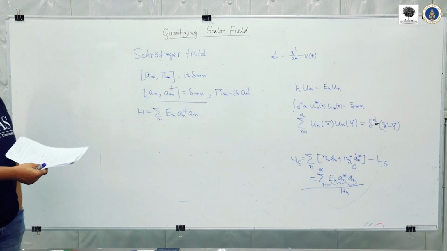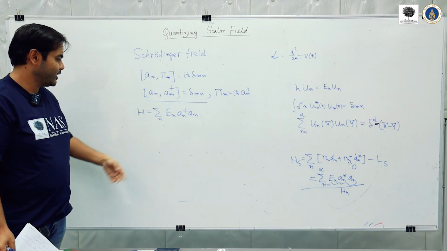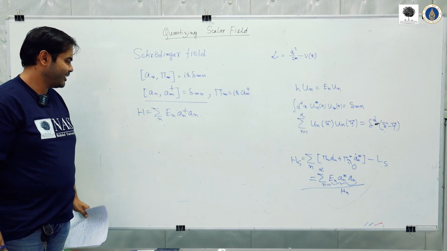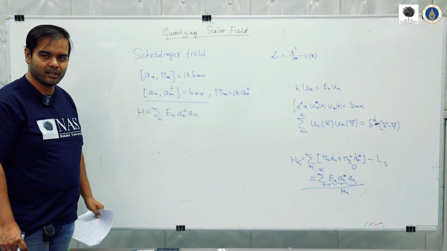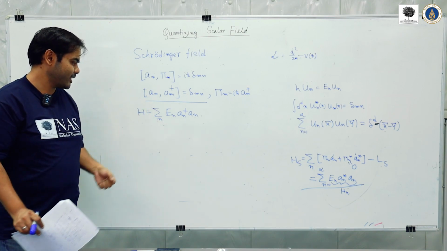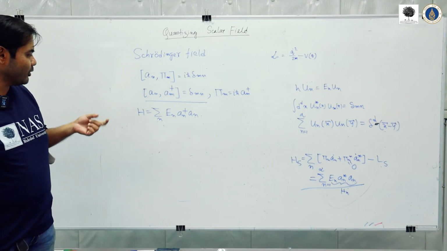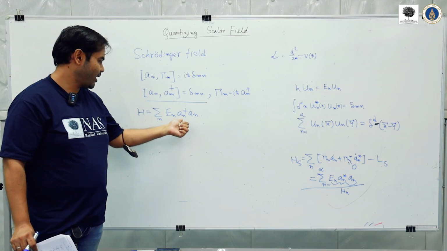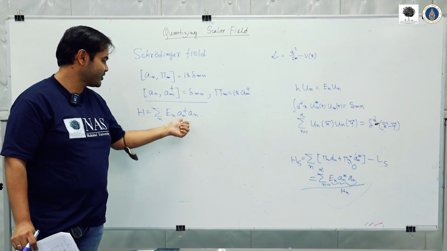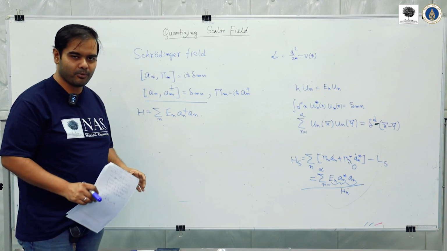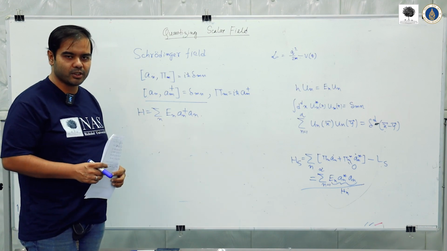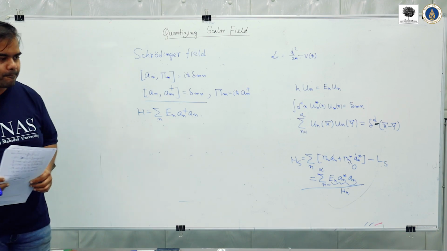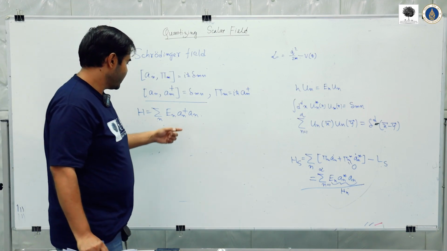And where have you seen this object before? This is nothing but the harmonic oscillator Hamiltonian. The structure is the same, but the only difference is that we have not given any internal structure to these an operators, but in harmonic oscillator you know they are linear combinations of position and momentum operators, right?